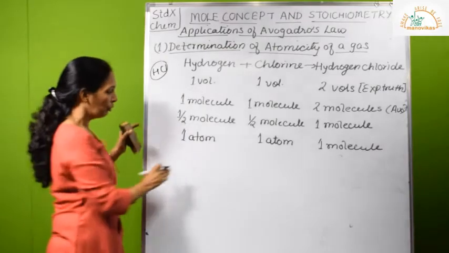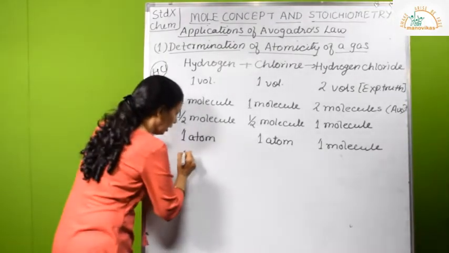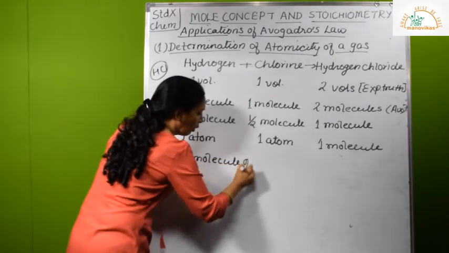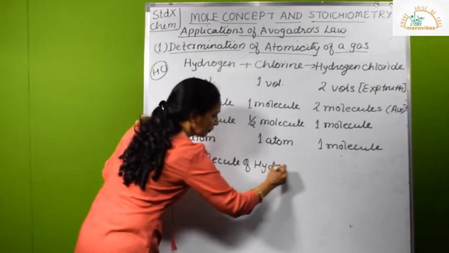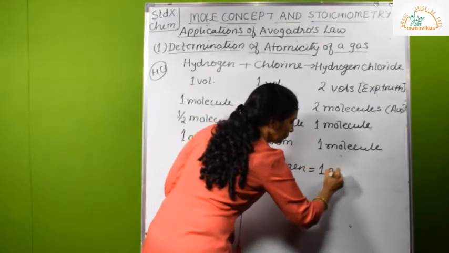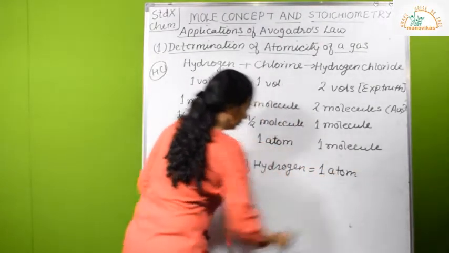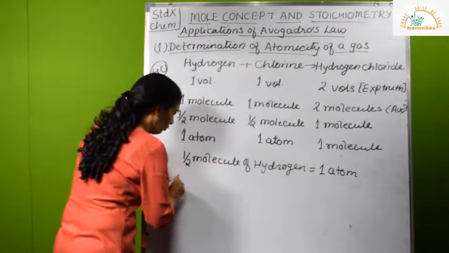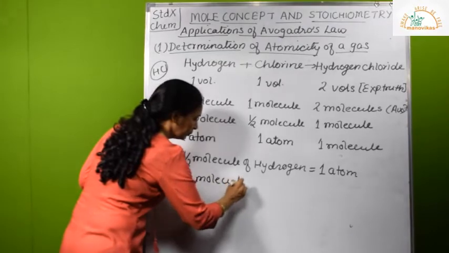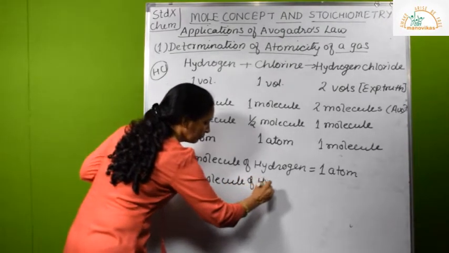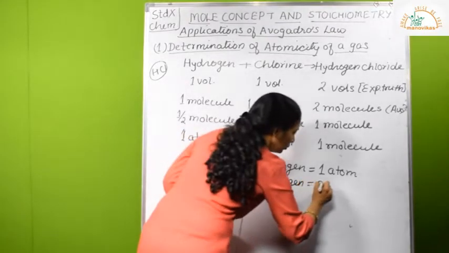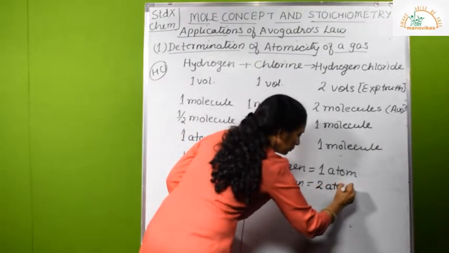So from here we can conclude that half molecule of hydrogen is equal to one atom. Therefore, one molecule of hydrogen is equal to 2 atoms.